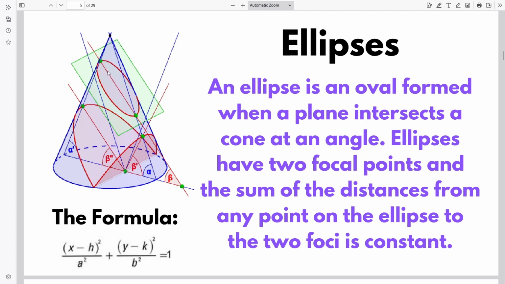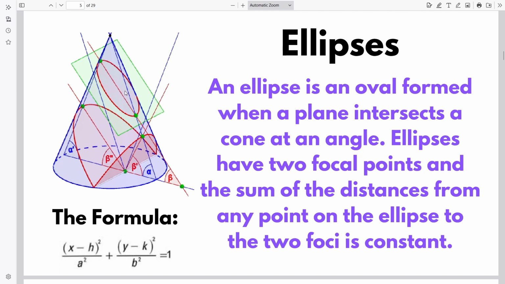Say you have one focus here and one here. You take any point and draw this line and this line. That will always sum to the same thing, regardless of which point on the oval you choose.